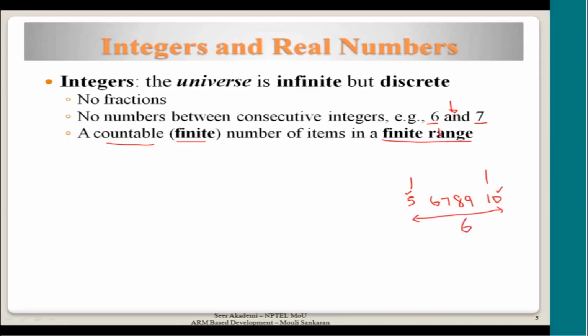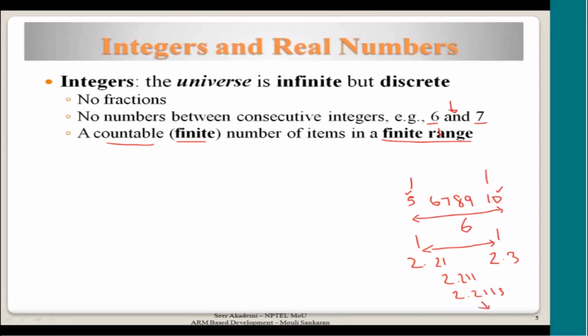But if I ask you how many numbers are there between 2.2 and 2.3, okay, can you tell how many numbers are there? Is it countable? There is a 2.21, there is 2.211, 2.2113, it can go on and there is no limit to this.